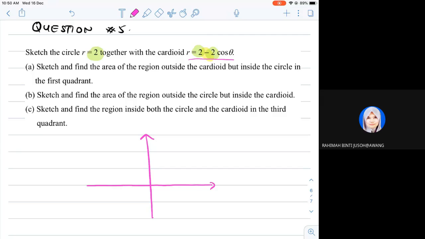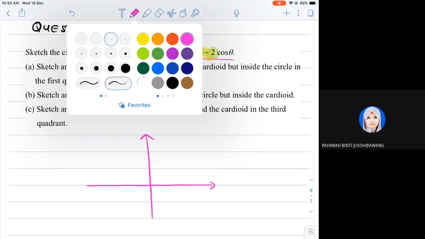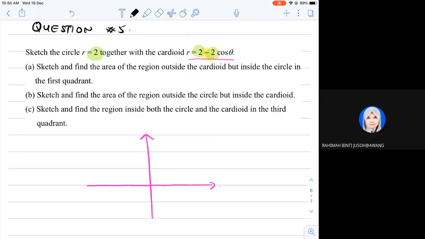Alright, question. X and Y. Okay, let's say we start with sketching the circle. Then here there is 2. And then we have the cardioid on the left.